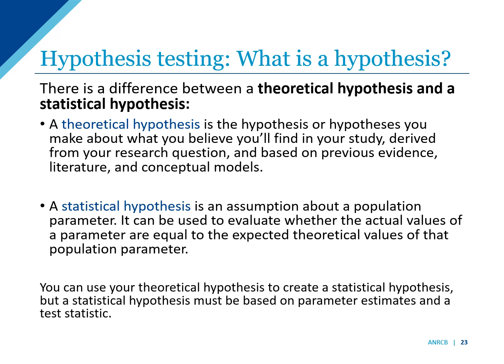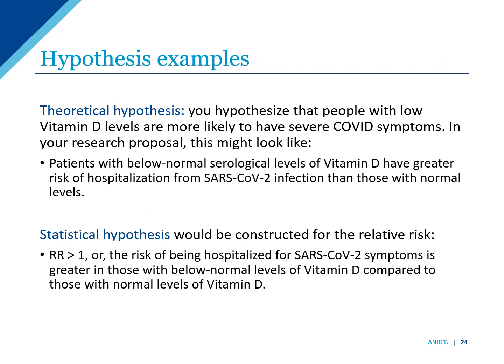of that population parameter. You can use your theoretical hypothesis to create a statistical hypothesis, but a statistical hypothesis must be made on parameter estimates and a test statistic. For example, you may think that people with low vitamin D levels are more likely to have severe COVID symptoms.